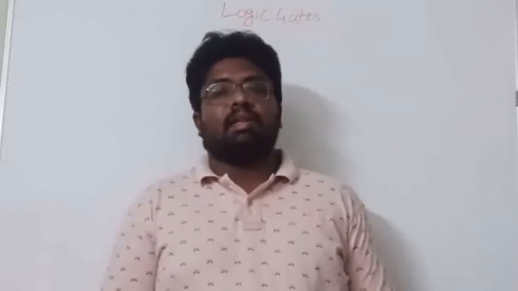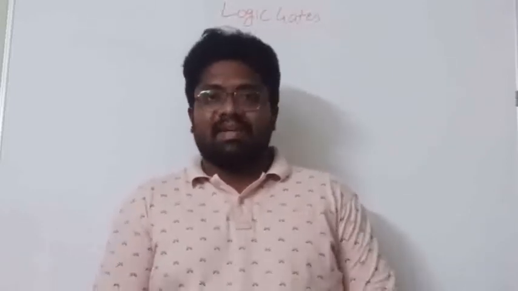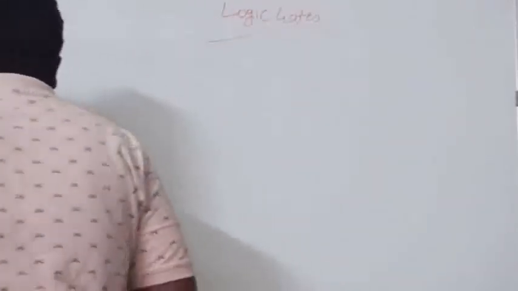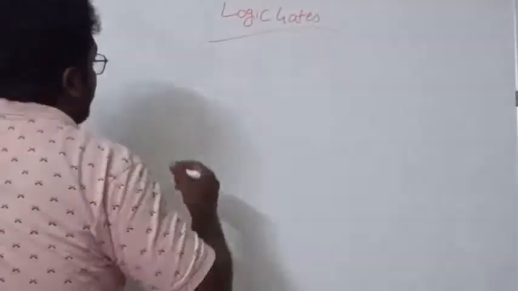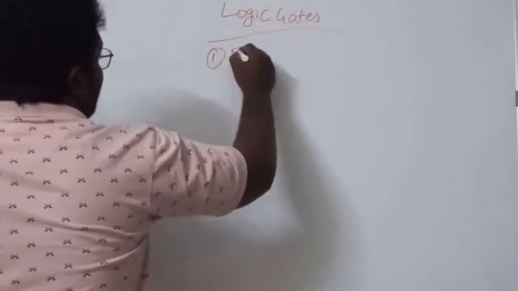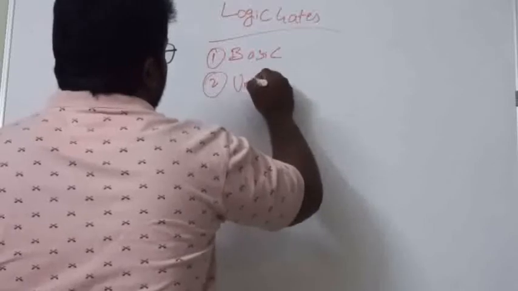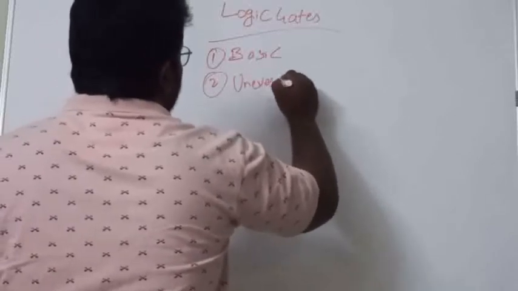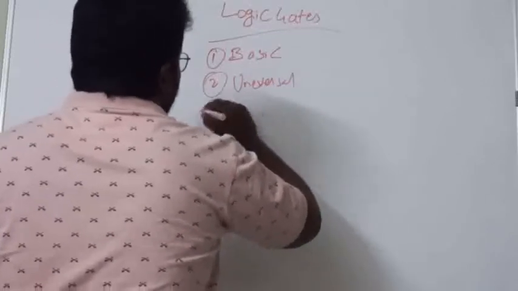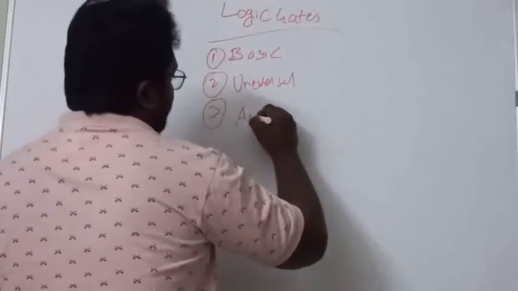The logic gates are classified into three major categories. The first one is the basic gates. Next one is universal gates. And finally, the arithmetic gates.